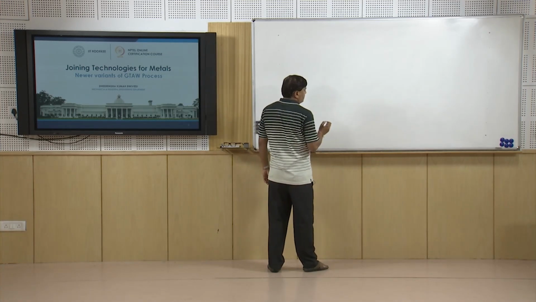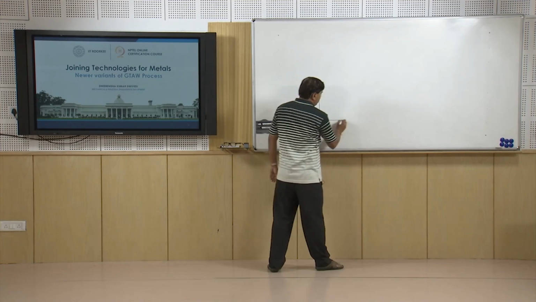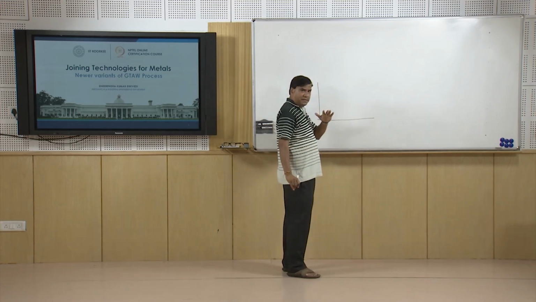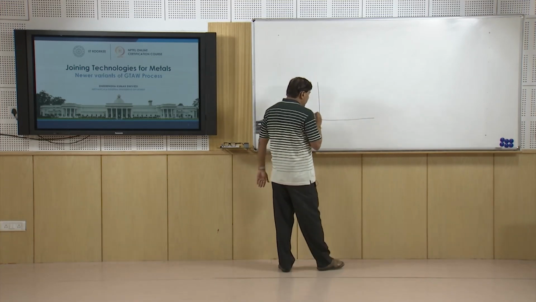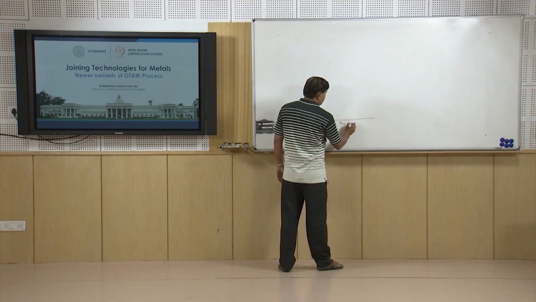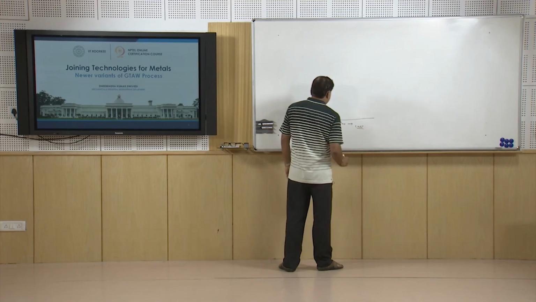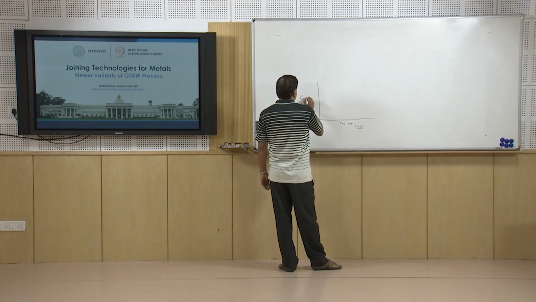So, what has been tried is to vary the current instead of keeping it constant. Here, the x axis is the time scale, say in milliseconds, and here the current value, in ampere.